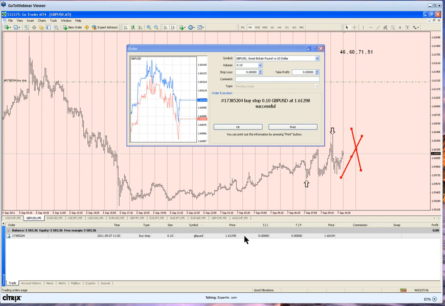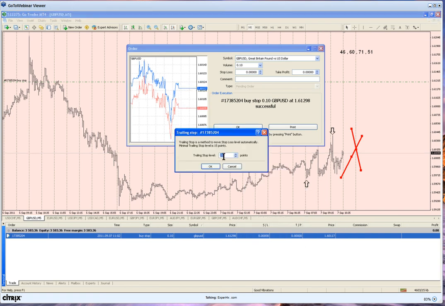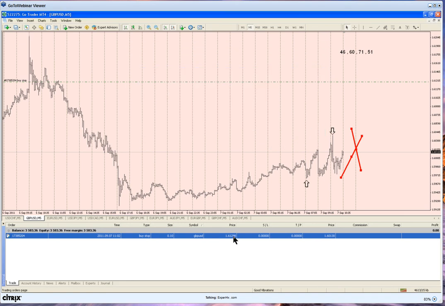So you right click on the deal, and then there's trailing stop, and then you select. Now just be careful, the trailing stops are in points, not in pips. So let's say I want to put a 40 pip one in. I go to custom and I put 400 points, and that will then create a 40 pip following stop. I must warn you, these following stops sit on your computer.